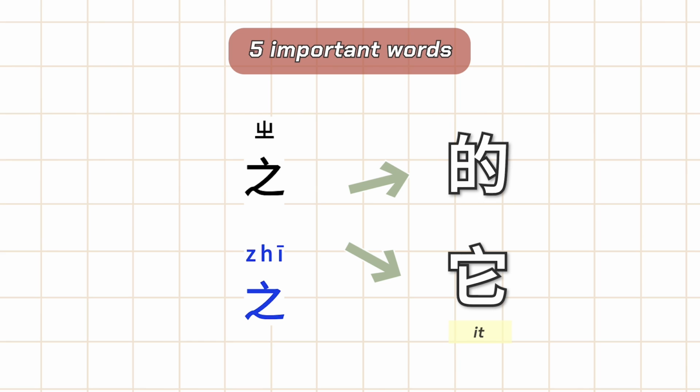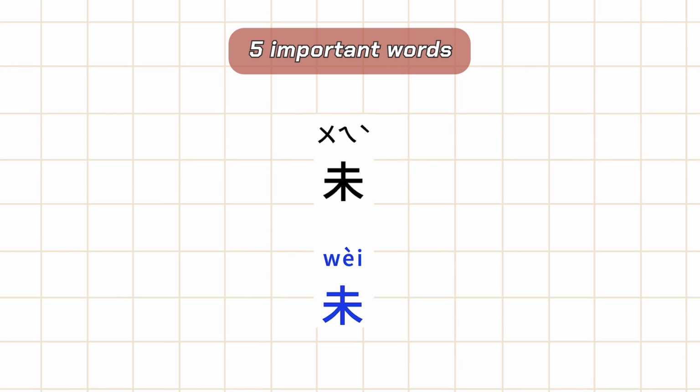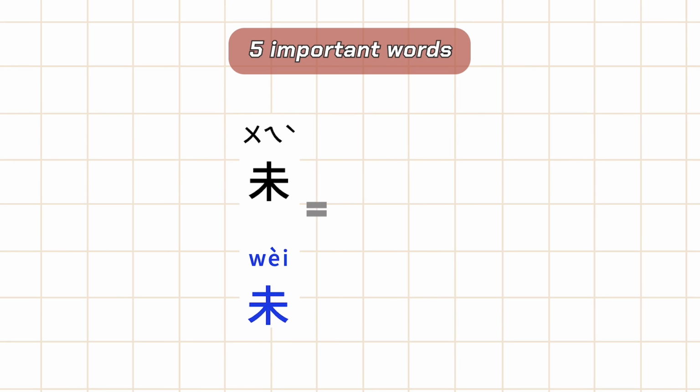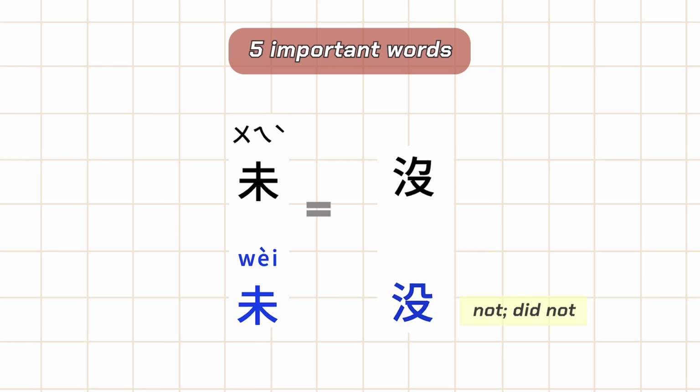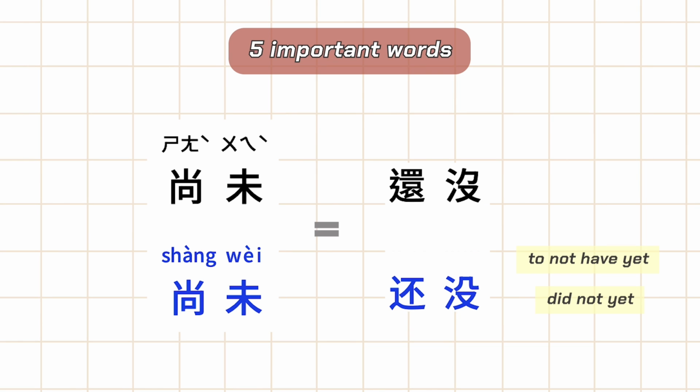The third one is 未. 未 expresses the meaning of 没, and 尚未 is often used to replace 还没 in formal situations.